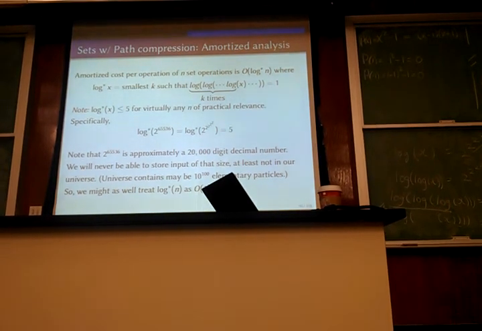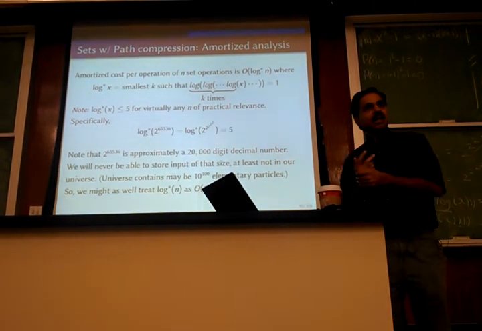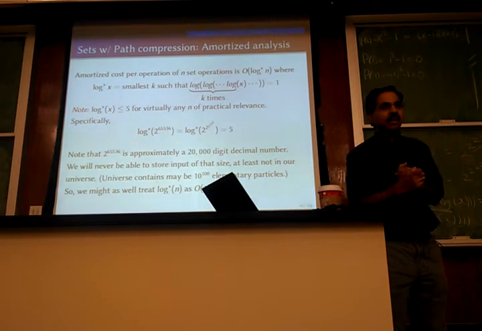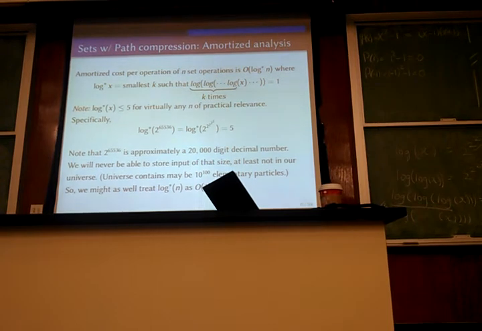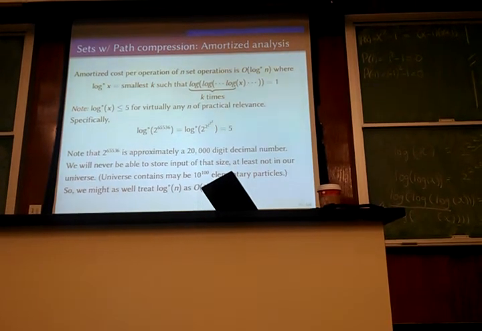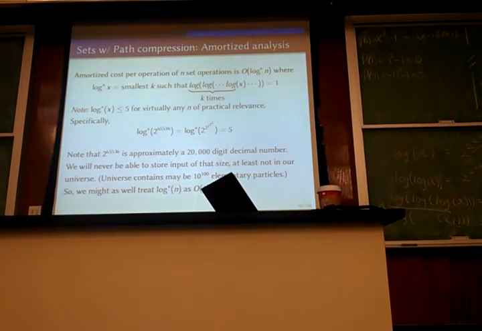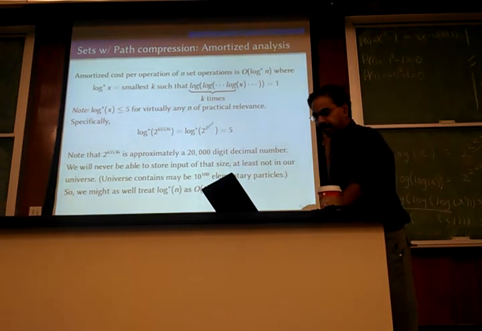So as a result, we can say log star n is like O of 1, because the maximum value it can ever get to is 5. That's the same thing as saying it's like a constant. Okay?